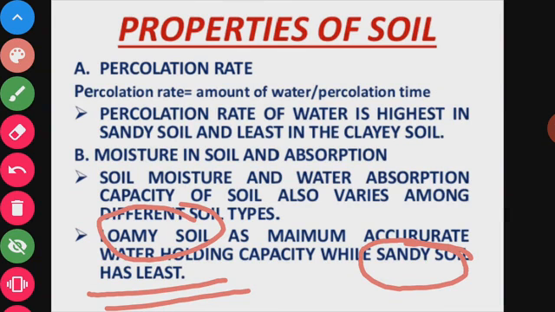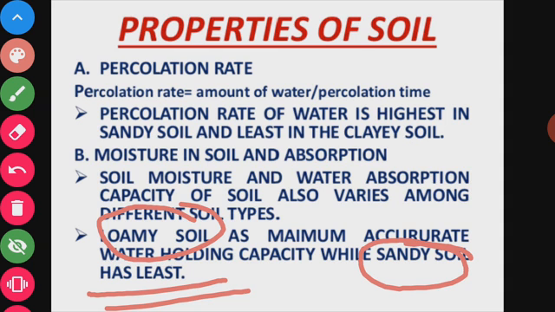When you heat a small amount of soil in a test tube, you will see some tiny drops of water at the mouth of the test tube. From those tiny drops, we know that there is moisture present in the soil. If the spaces between the soil particles are higher, then the moisture present is higher.